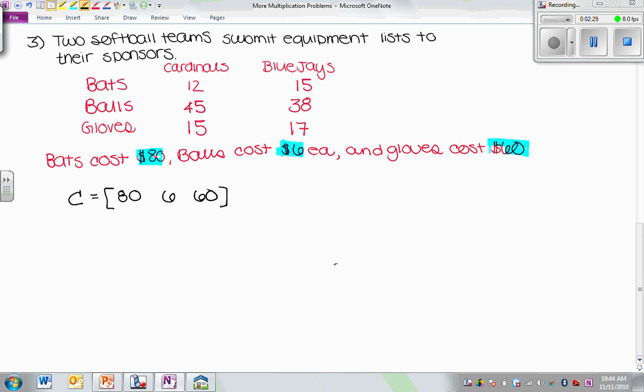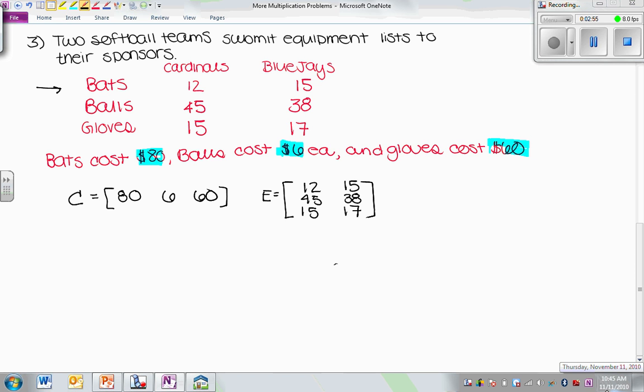All of these things up here are equipment. So if I set a matrix up like that, we'll set up a row per type of equipment. So we've got 12, 15, 45, 38, 15, 17.